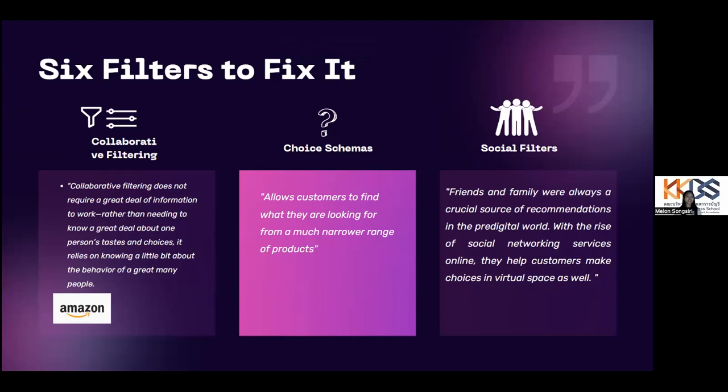The social feature is like your friends and family, who are always a crucial source of recommendations about products or services. With the rise of online social networking services, they help customers make choices in virtual space as well.